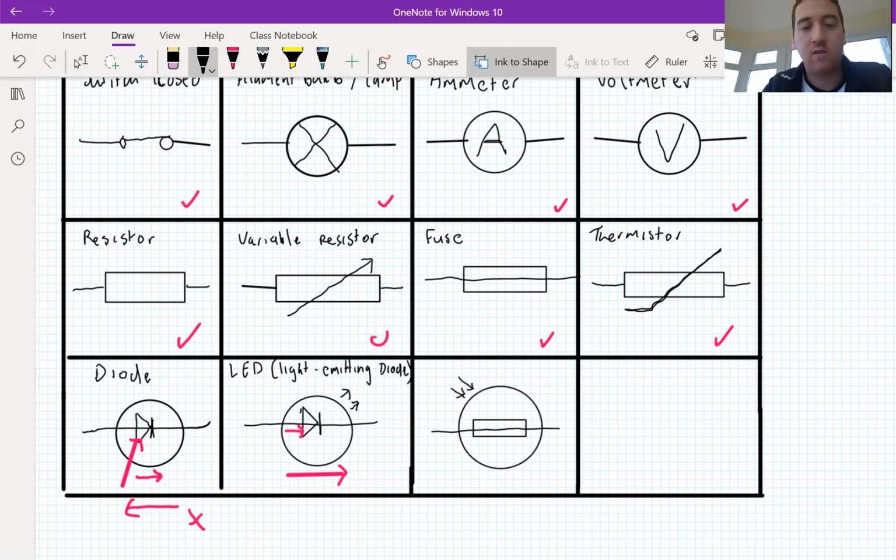These are going in. So notice, different from the LED, those arrows went out at the top right corner. These arrows are going in at the top left corner. This is an LDR. And an LDR is a light dependent resistor.